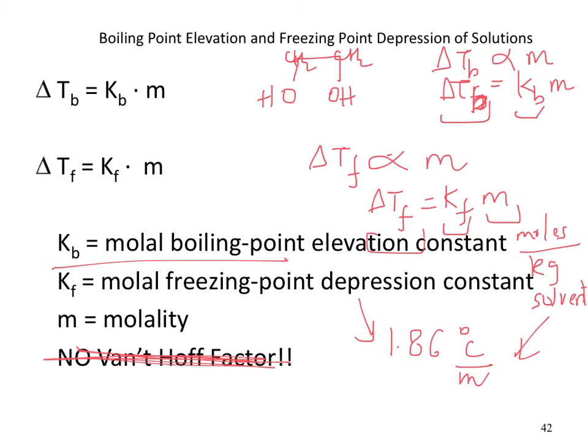Kb is a known constant depending on the system that you have. That value will be given to you. m is the molality, which is the moles per kilogram of solvent again. And so you should be able to determine the molar mass of a given unknown if required. All right.